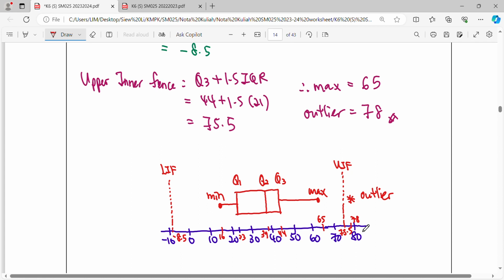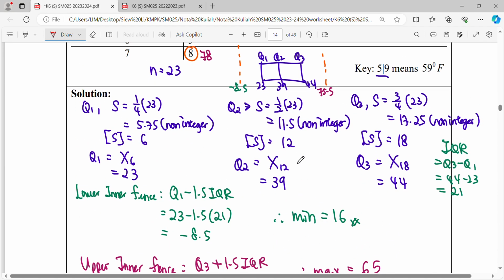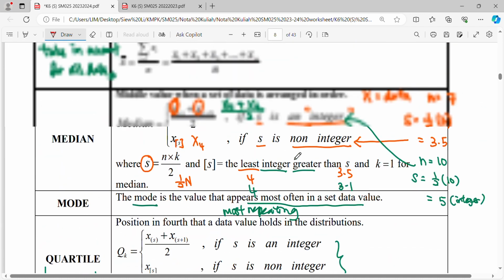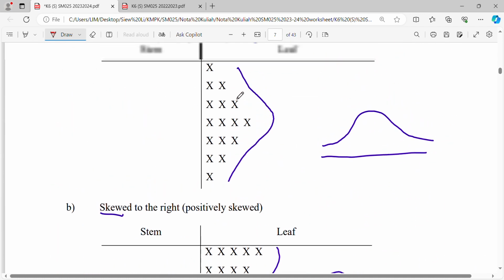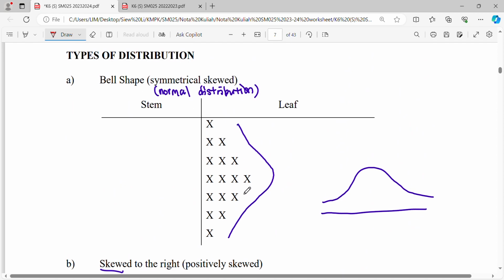Alright, so previously when we get stem and leaf, we revise back 6.1. When we organize our data in stem and leaf, we can read out the distribution, right?